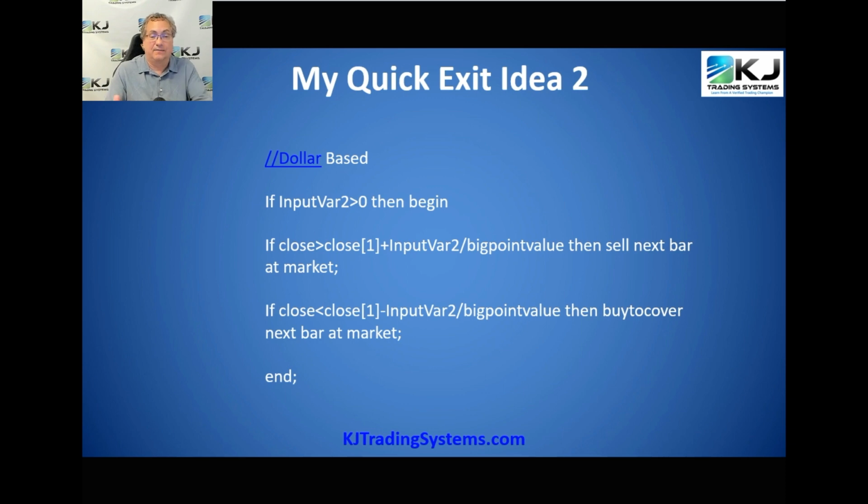If it's less than, and you're short trading, you're going to buy to cover. So basically, when you get a windfall profit in either direction, you're going to exit, and I'm measuring that with a dollar-based amount. Okay, so that's just the exit.